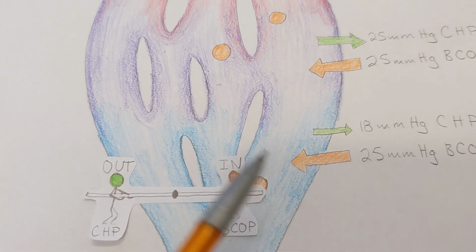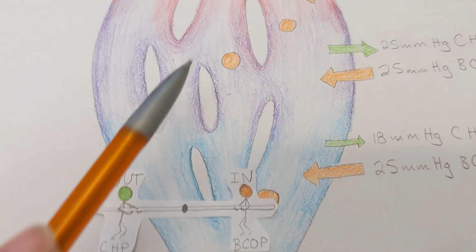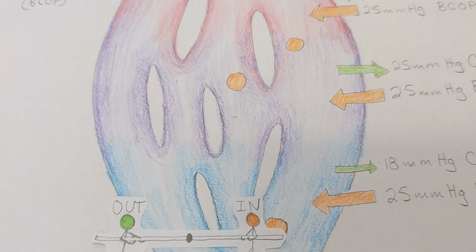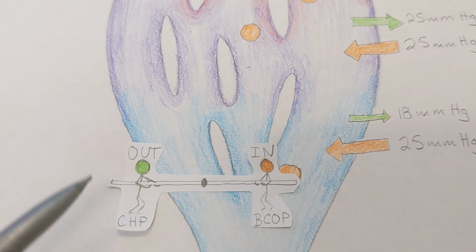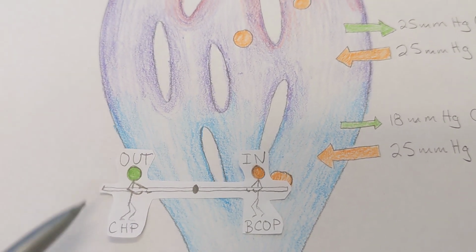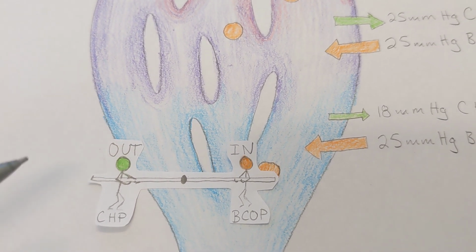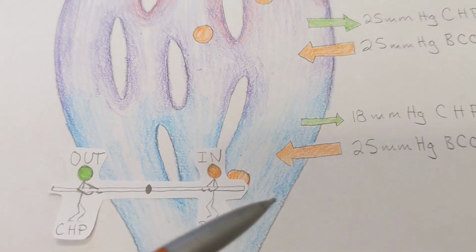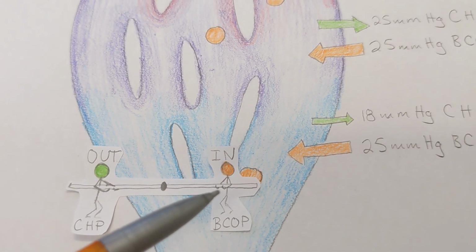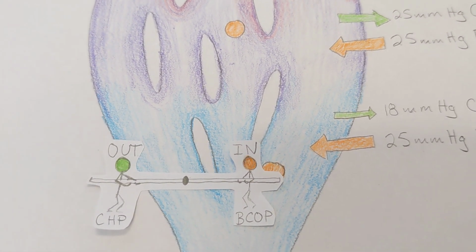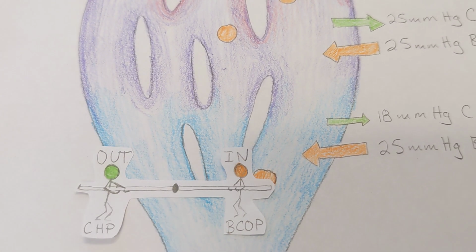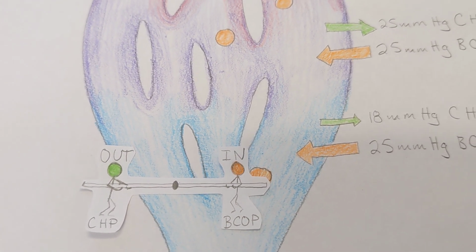This one has been the same all along. The amount of albumin has not changed, but what has changed is essentially the strength of the blood pressure. And so by the time you get to the venous end, there is a greater inward pull of water and other stuff than there is an outward flow. And so we get a net reabsorption of stuff from outside the capillary.